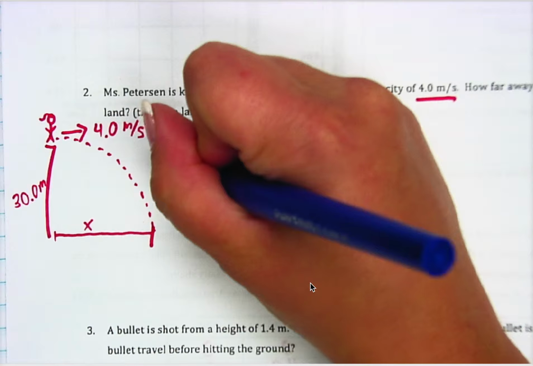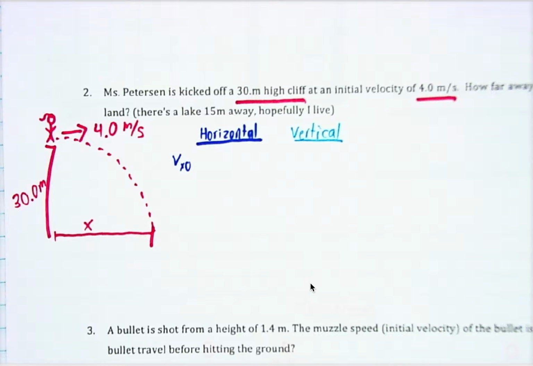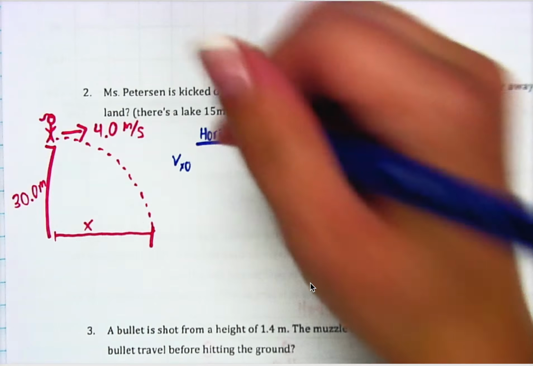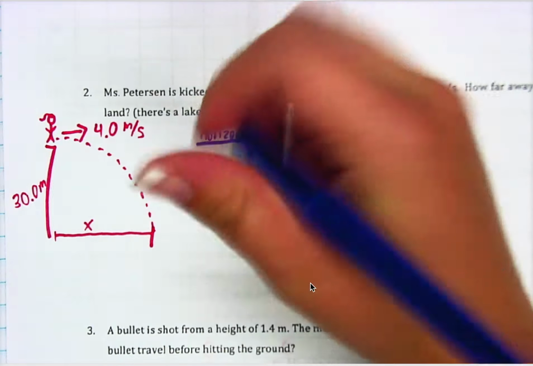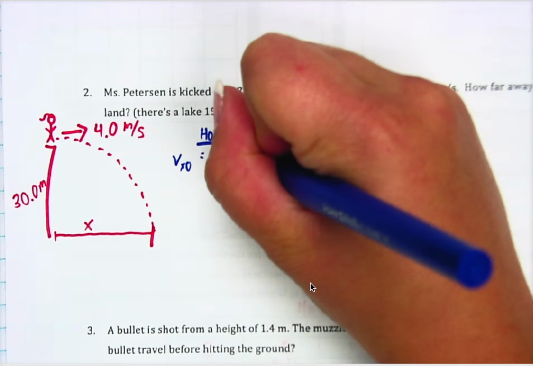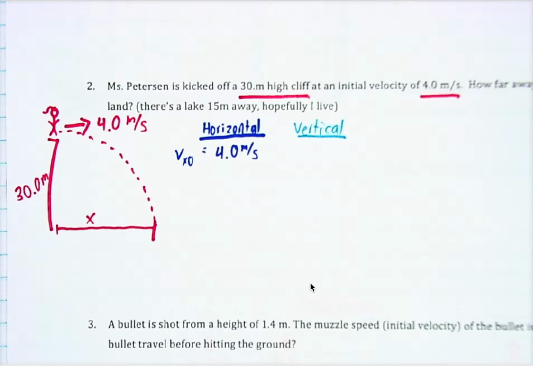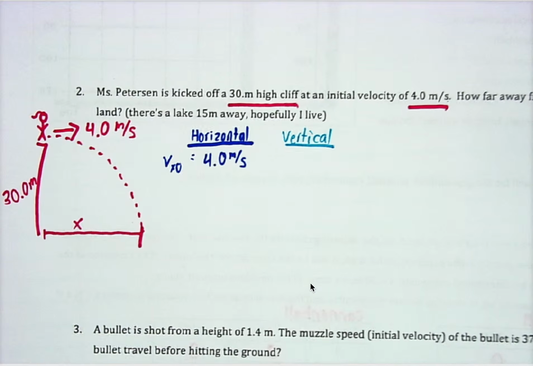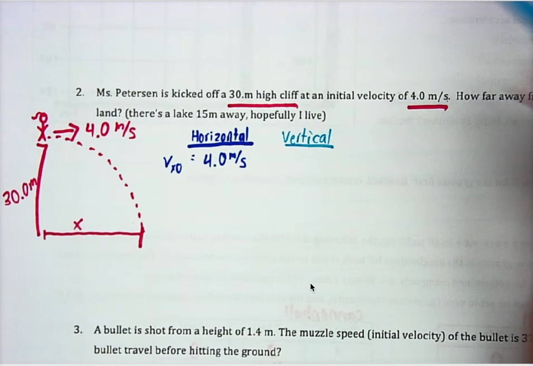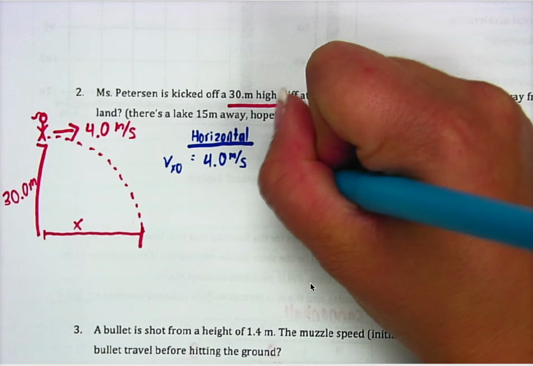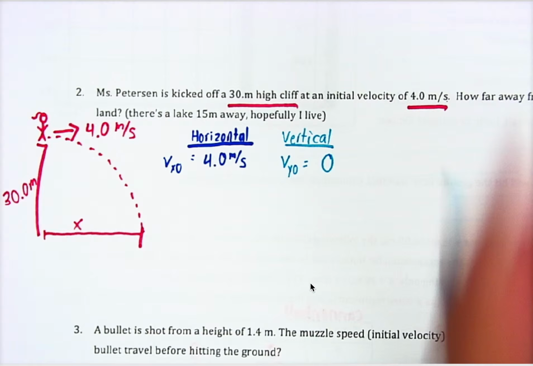So the initial x velocity in the horizontal direction is given to us. It's 4.0 meters per second. In the vertical, I'm not going down at all when I start. So the initial velocity in the vertical direction is 0.